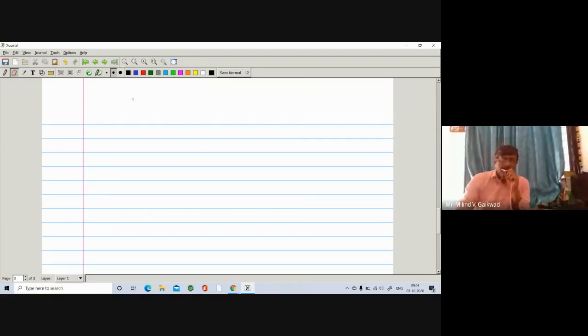Next reaction is addition of ammonia. Addition of ammonia, that is the NH3. We can write this NH3 like this one, NH2, right?